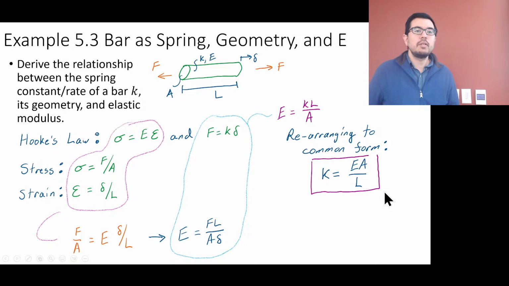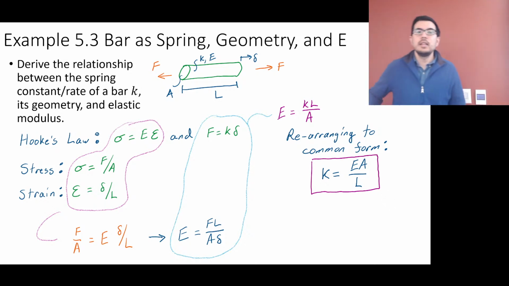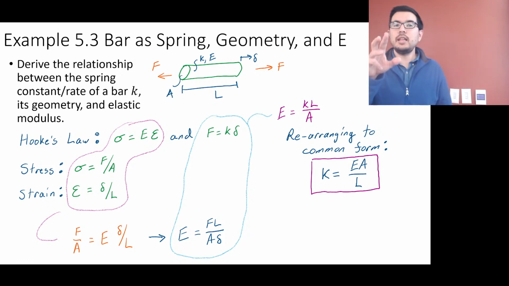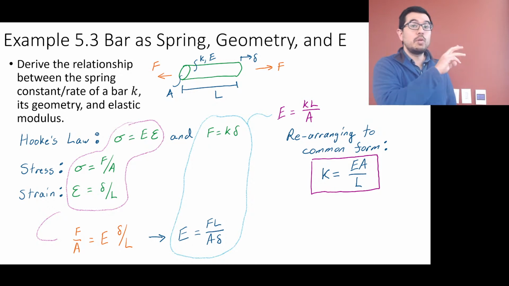Now, what does this tell us? We like to think about scaling. This is not the scaling relationship that we had for how much load a bar can support. We can do that one real quickly now, actually, because we know that sigma is equal to F over A. Do you remember that?